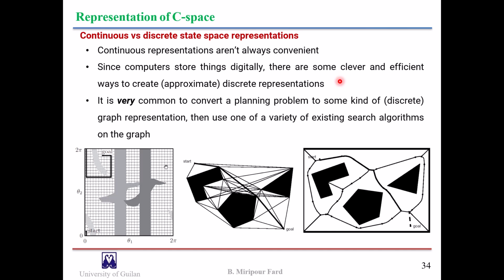And it is also very common to convert a planning problem to some kind of discrete graph representation, then use one of a variety of existing search algorithms on the graph. So in this course, we will use the discrete state space representations for path planning.